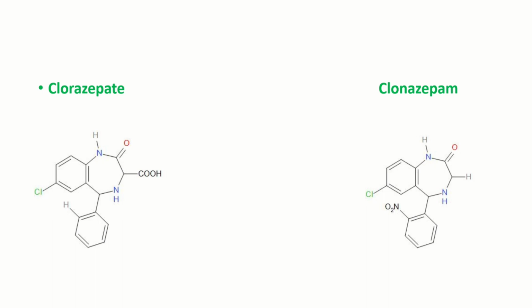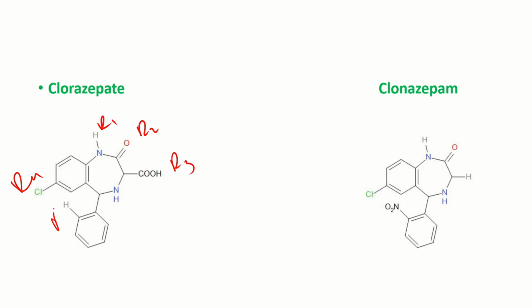Now in this structure, R1 contains hydrogen, R2 contains oxygen, R3 contains a carboxylic group, R4 contains chlorine, and R5 contains hydrogen, and this structure is called clorazepate.